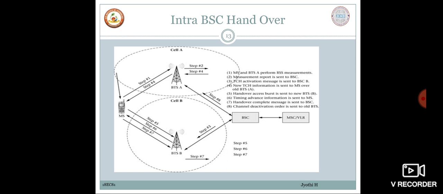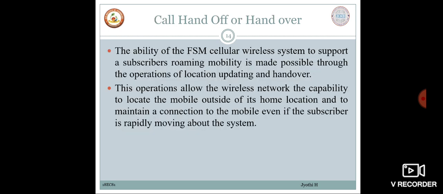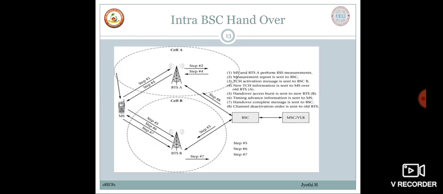So, next is step 3. What it does under step 3: the traffic channel activation message is sent to the BSC. So, that is B. From now the communication is going to be from base station A to base station B. That is step 4.